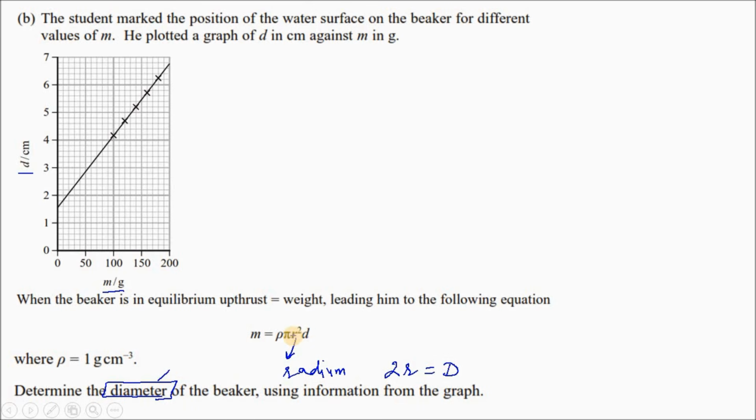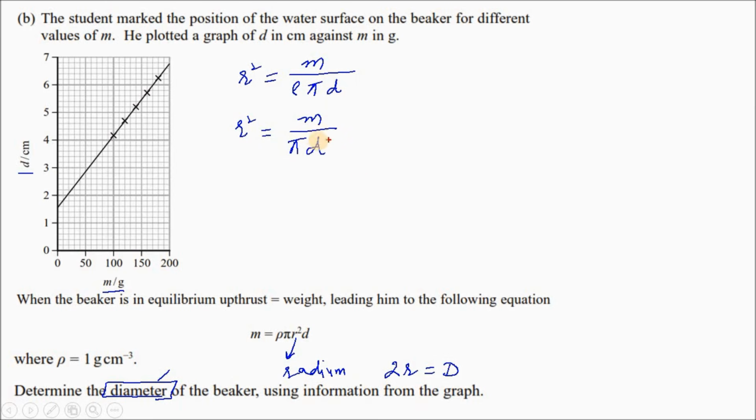So first you make r the subject. So you can see that r square is equal to m divided by rho pi into d, and rho is 1, so r square is equal to m upon pi d.